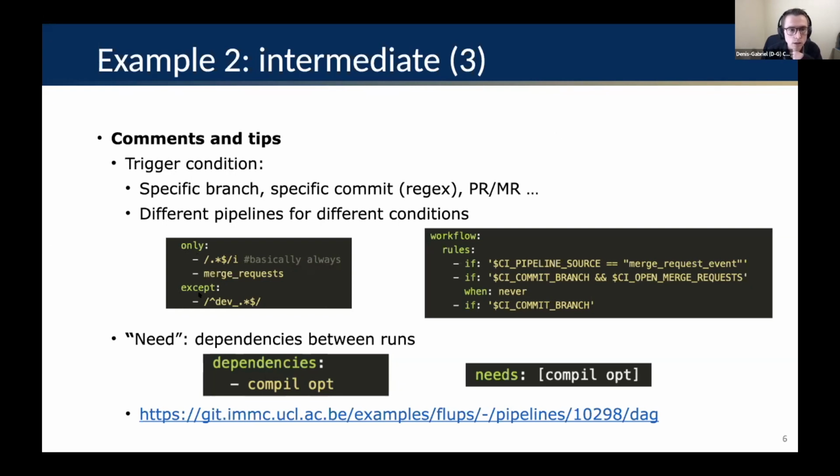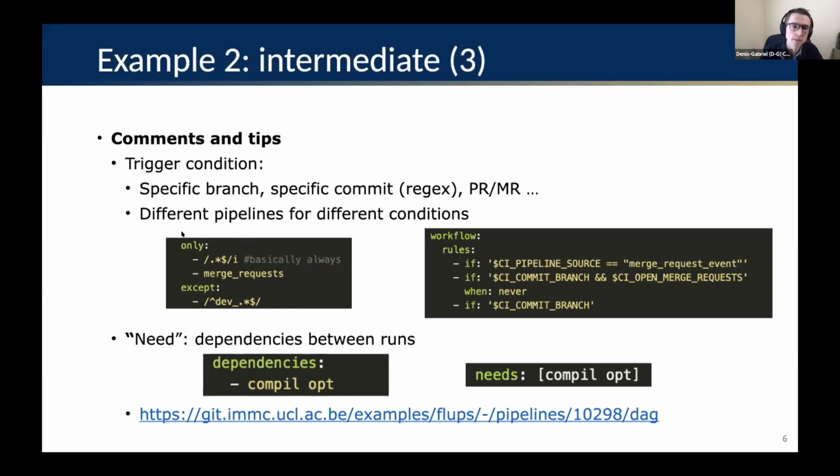So there's the only and the except keywords that you can use. The problem with that is you easily end up with conditions where one single pipeline will be triggered multiple times for the same commit. And here, for instance, I'm trying to run a pipeline for basically a merge request and any commit.